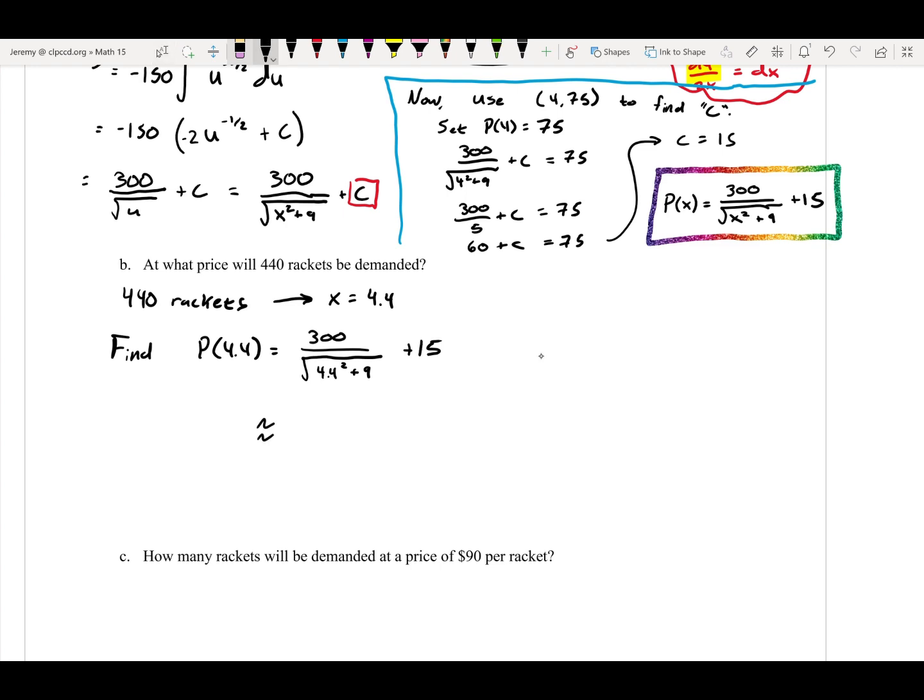I put this in my calculator and I got approximately 71.33. And what are the units of this value? This is from our price function, so it's in dollars. So the price associated with a demand of 440 rackets is $71.33. I'll box that up.